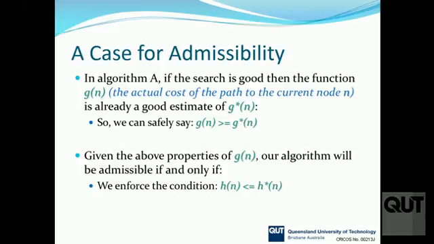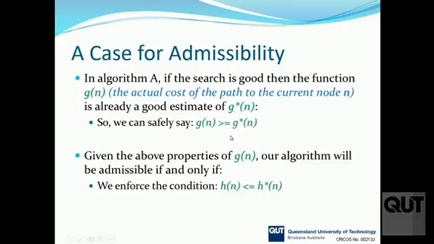Right, so in algorithm A, if the search is good, then the function g(n), the actual cost of the path to the current node, is already a good estimate of g star n. So we can already say that whatever it costs us to get to a certain node in the search, that cost is going to be bigger than or equal to our optimal function g star n.